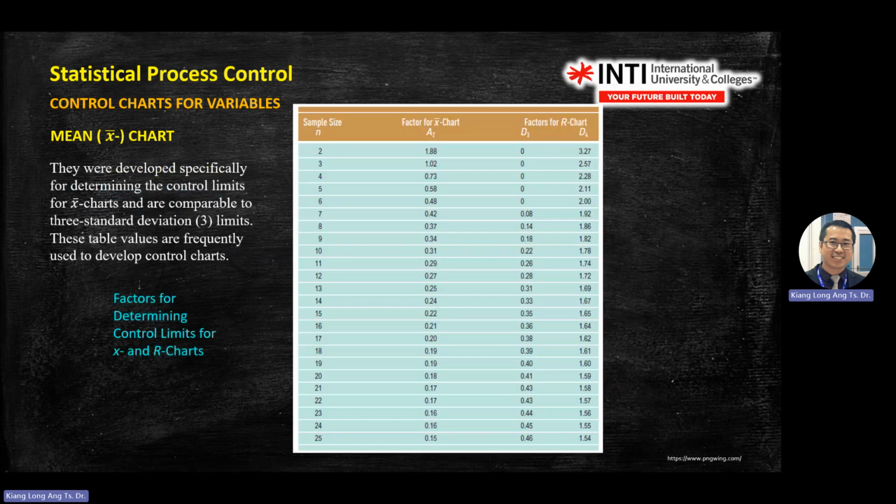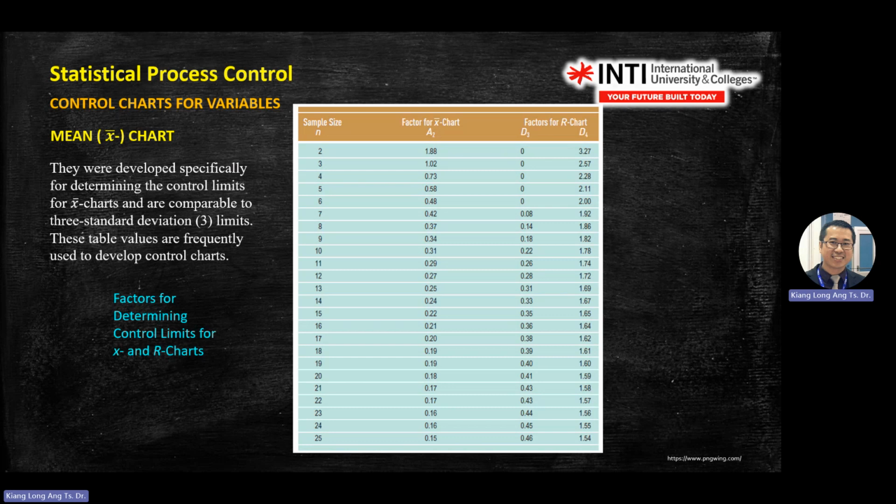So how to read this one? This table has sample sizes from 2 until 25. Actually, there's a long chart. And factors for X bar chart and factors for R chart. So here you have 3 columns. Read carefully. If the question asks you to plot an X bar chart, use the A value.